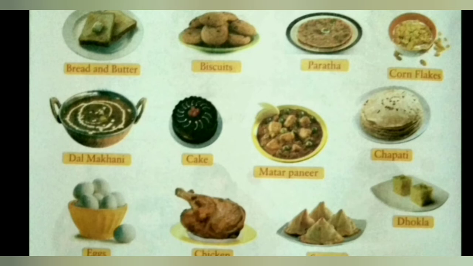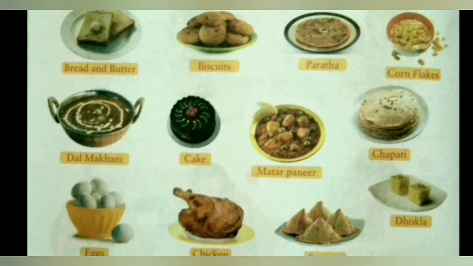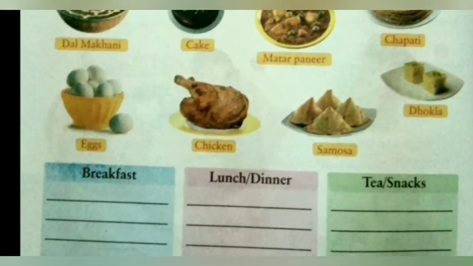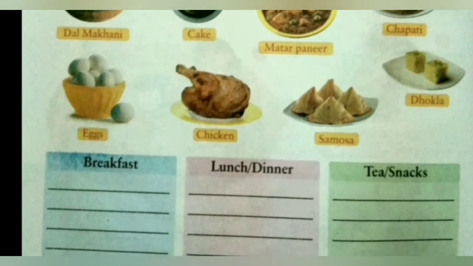So here the food items given are bread and butter, biscuit, paratha, cornflakes, dal makhani, cake, matar paneer, chapati, eggs, chicken, samosa and dhokla. Now we have to identify which food item we eat in breakfast.